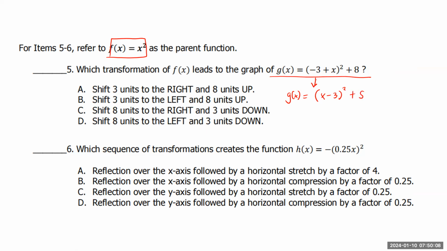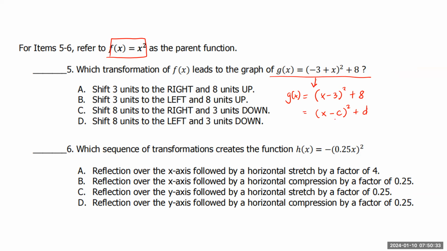Okay, so what we have here the form x minus c plus d. Okay, so dalawa na yung variables natin ngayon. So again, we still have c, which is horizontal translation. And for d, what we have is vertical translation.